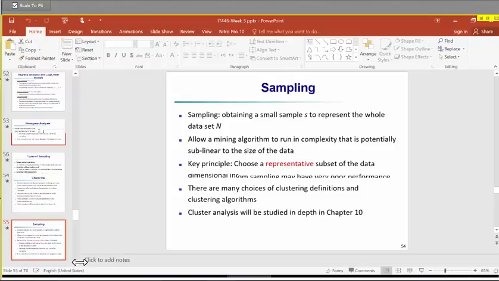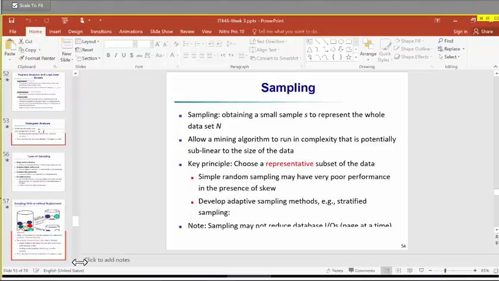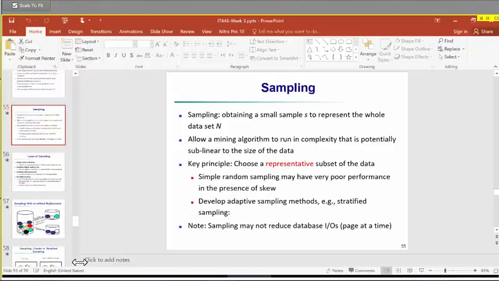So the next thing is sampling. You know that in sampling we just select some sample from the population, or from the entire data. When we obtain a small sample S to represent the whole dataset N or the population P, we say that we are sampling. It allows a mining algorithm to run in complexity that is potentially sublinear, which is less than the size of the data.